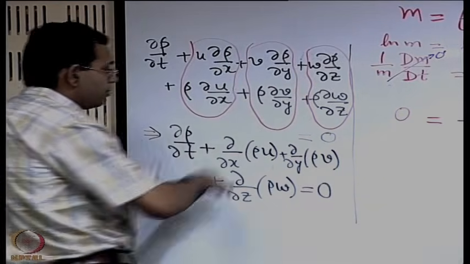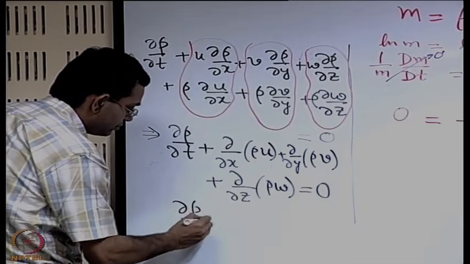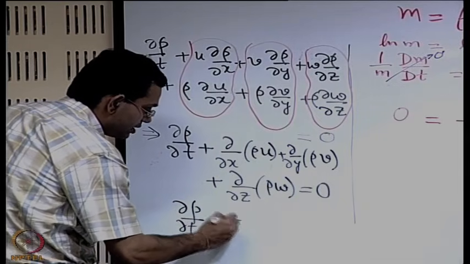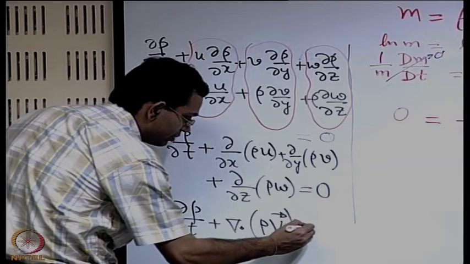It is again possible to write it in a compact vector notation. This becomes divergence of rho into velocity vector, that is equal to 0.